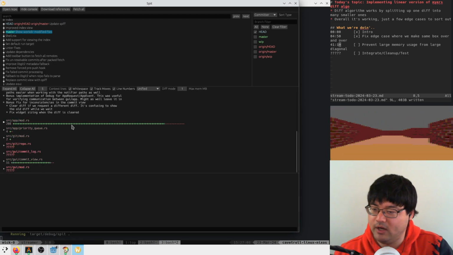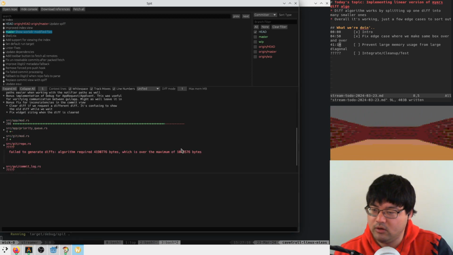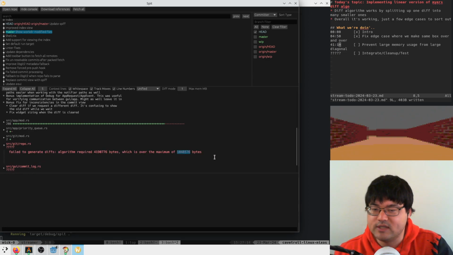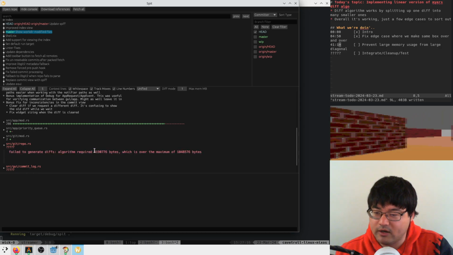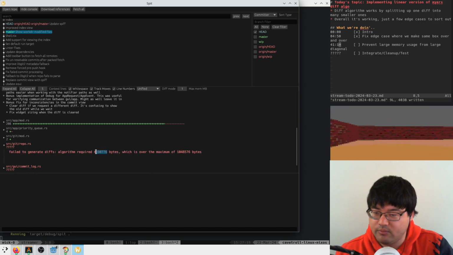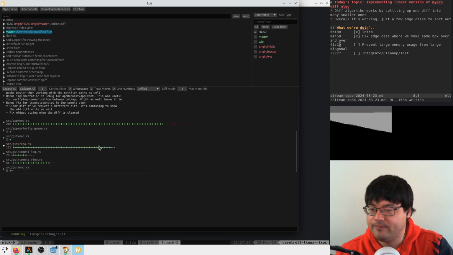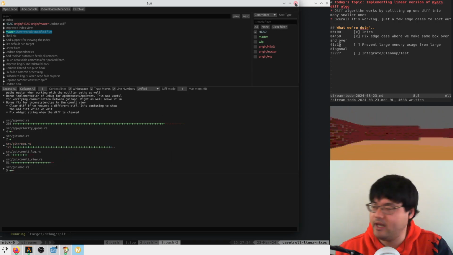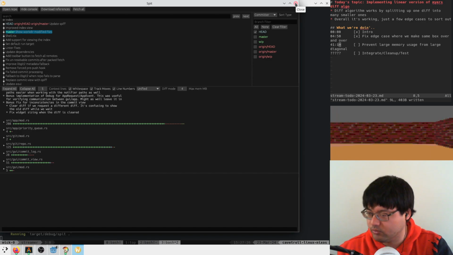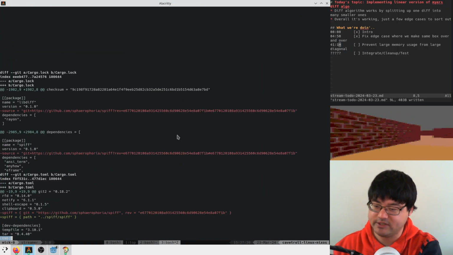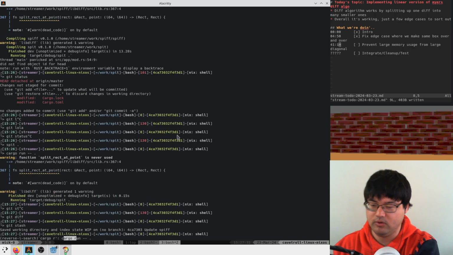So 1 meg? Interesting. So this is saying this requires, what is this? 1, 2, 3, 4, 5, 6, 4 megs. It'd be interesting to see how much of a difference that is from the old way. So git diff, can I just stash this? Yeah, git stash and cargo run.